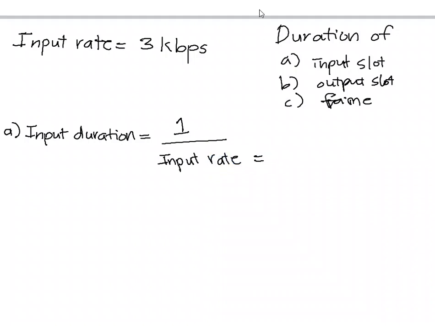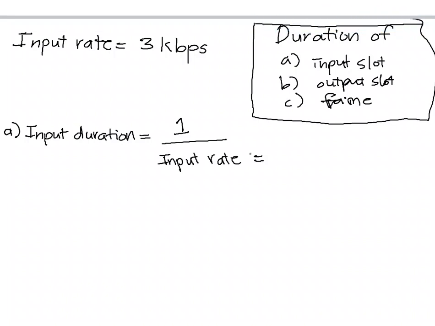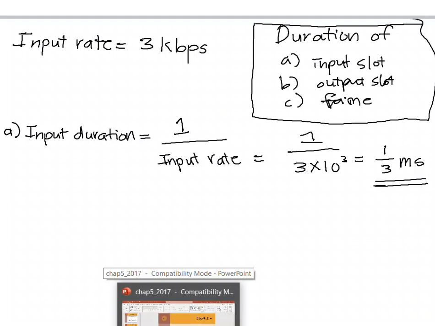So equal to, okay, this is the question just now. Okay, so the answer is 1 over 3 kbps, 3 times 10 to the power of 3. The answer is 1 over 3 millisecond. Okay, next.